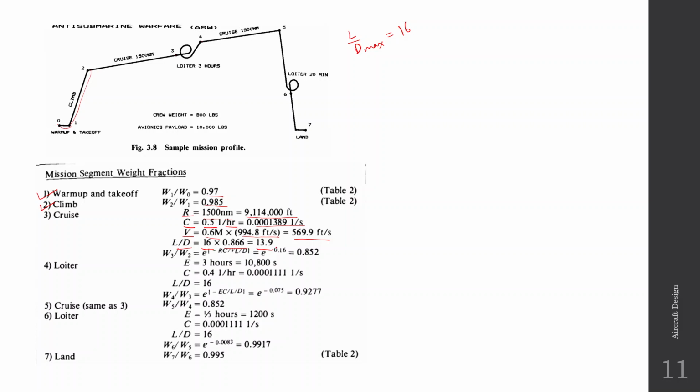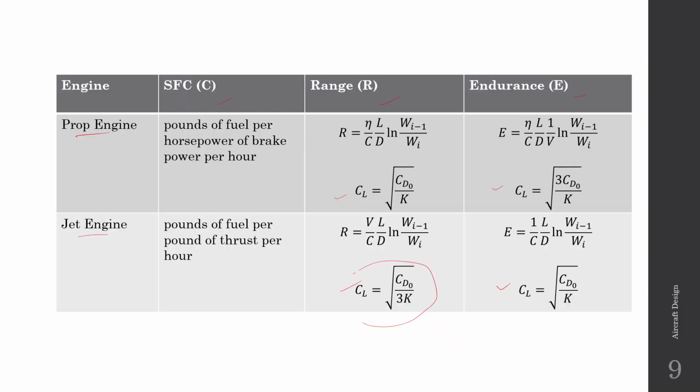So the chosen L by D will be this. Okay, and then we can put all of this into the formula to get the value of the weight fraction. So the formula is that, for jet engine range, this is the formula.